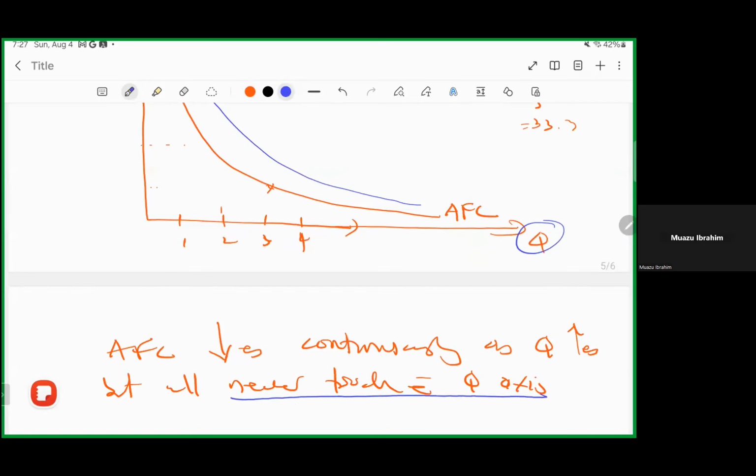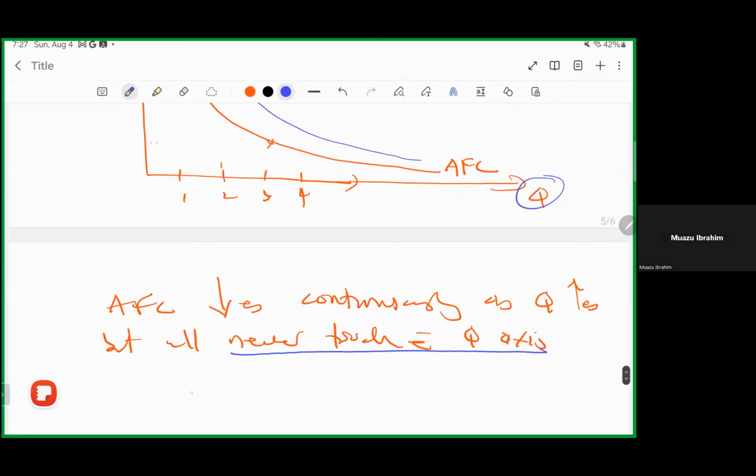What does that mean? It means that average fixed cost will never be 0.